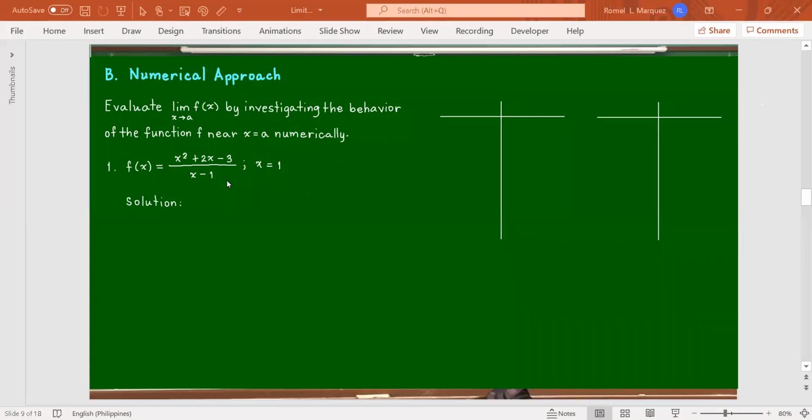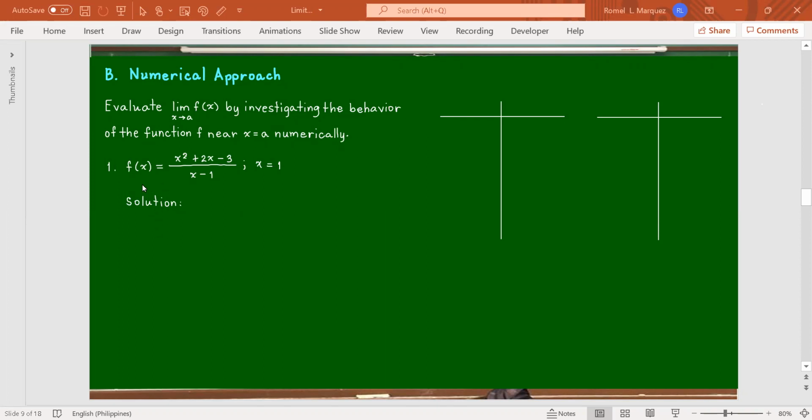So, finding limits of functions: the numerical approach. Evaluate the limit of f of x as x approaches a by investigating the behavior of the function f near x equals a numerically.